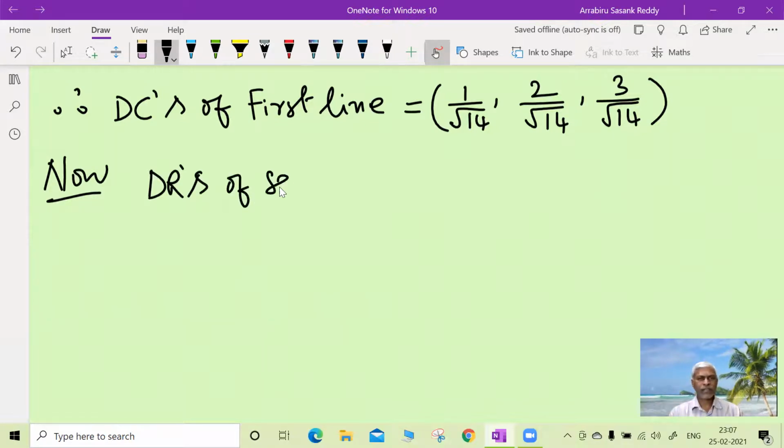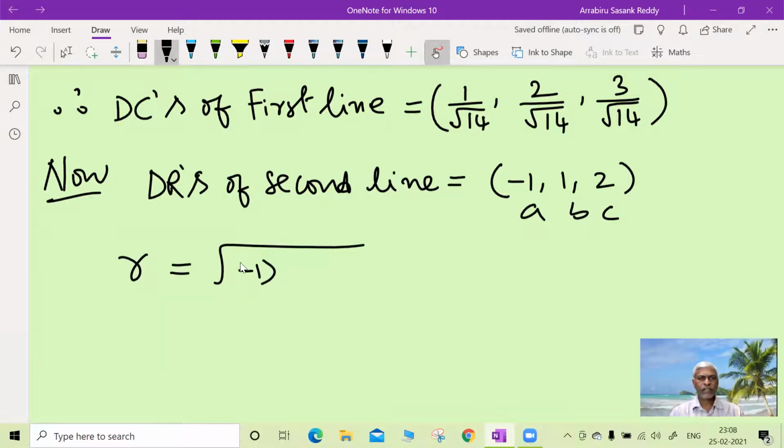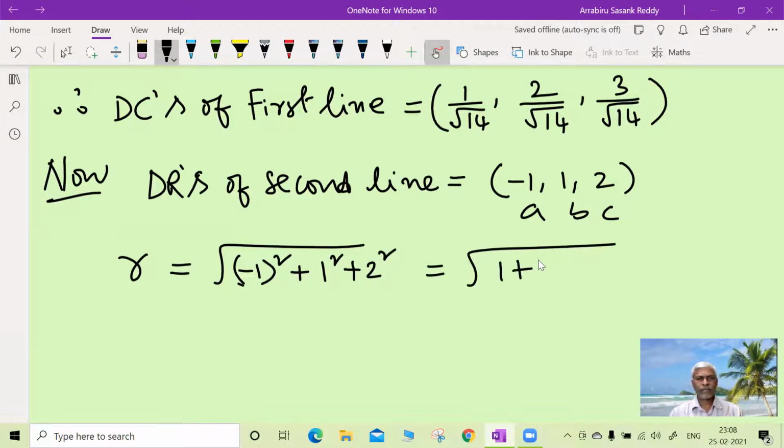Direction ratios of second line: -1, 1, 2. Here r value is root of (-1) square, 1 square, 2 square, that is 1 plus 1 plus 4, root 6.